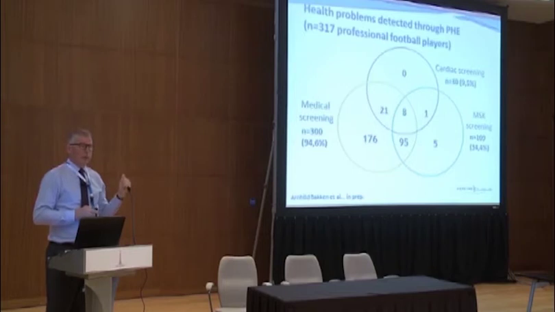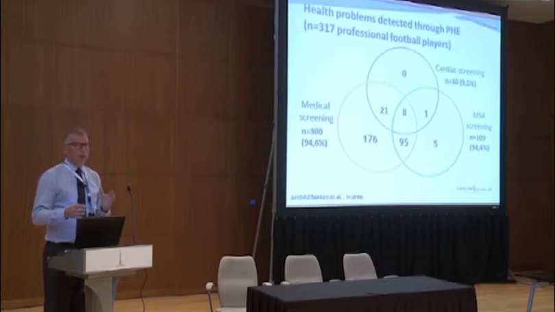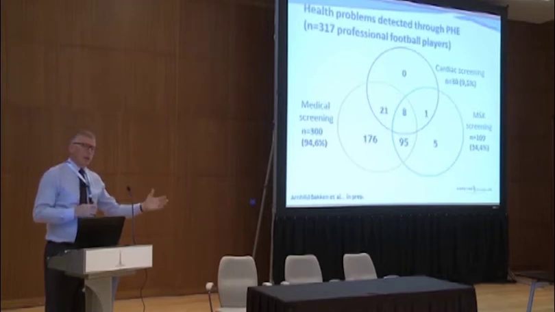And you can see here that if you do extensive examinations, in this case on 317 professional football players, you will find a whole host of problems that they have. Just look at these numbers. 95% have a medical screening problem. Now, a lot of that is vitamin D deficiency, all right?